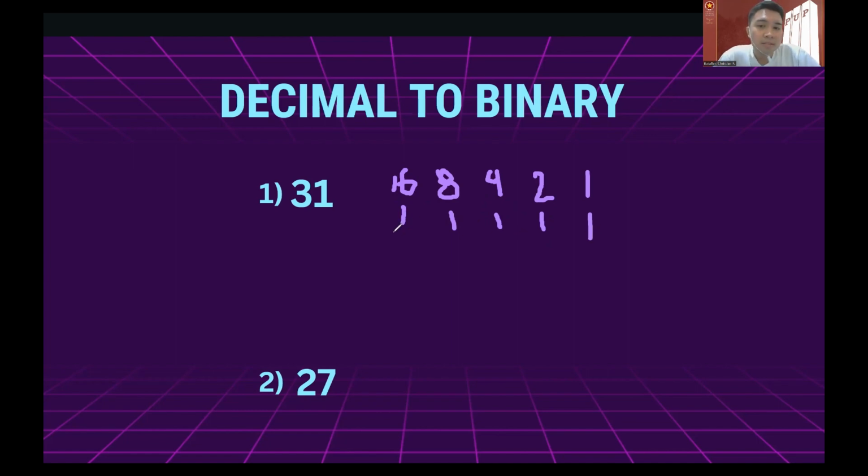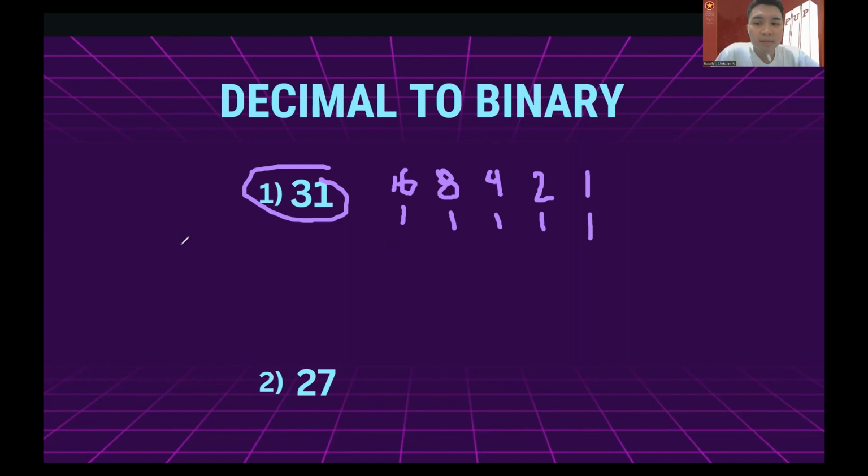So, lahat siya is 1 kasi yun yung way natin para ma-add, para makuha natin itong 31 na decimal. So, ito yung binary niya. 1, 1, 1, 1, 1. Limang 1.